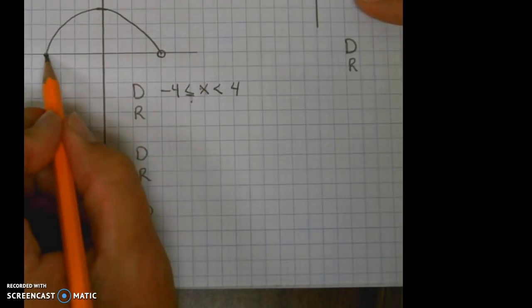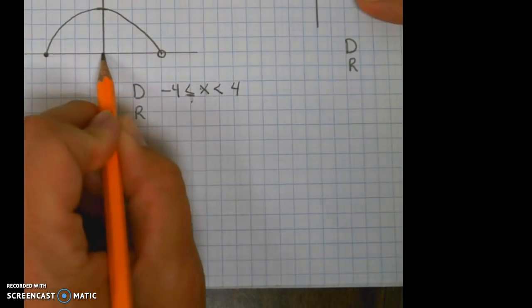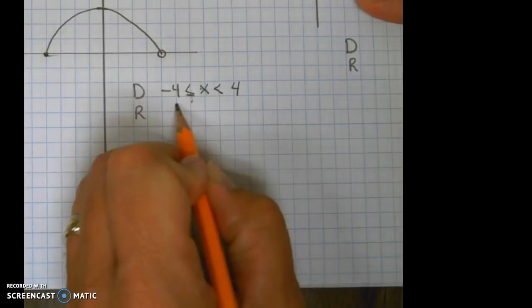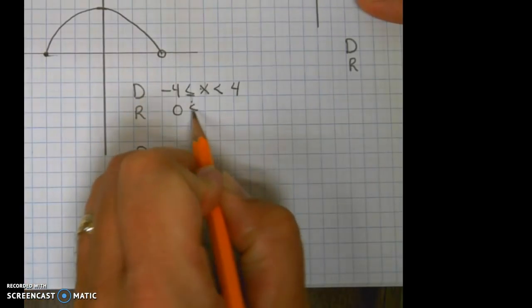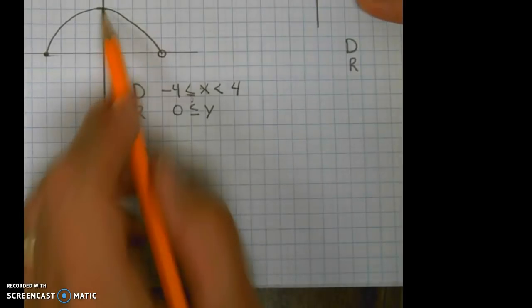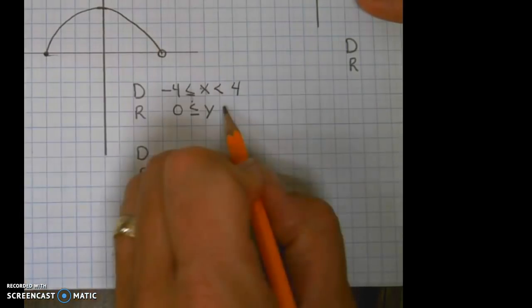Range, now notice the lowest point is 0 on the y-axis. We have a closed dot, so we're going to include 0 as part of the range. And then the highest point is going to be, if you count on the y-axis, 1, 2, 3.